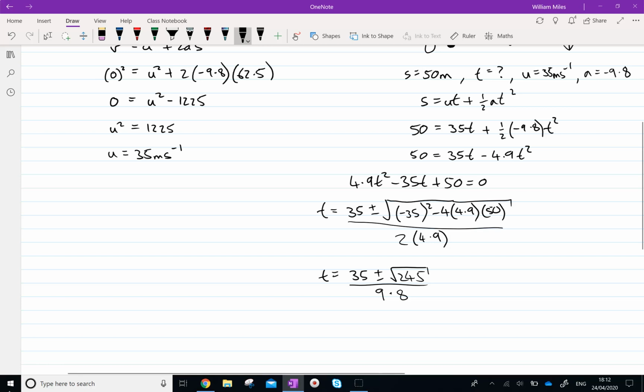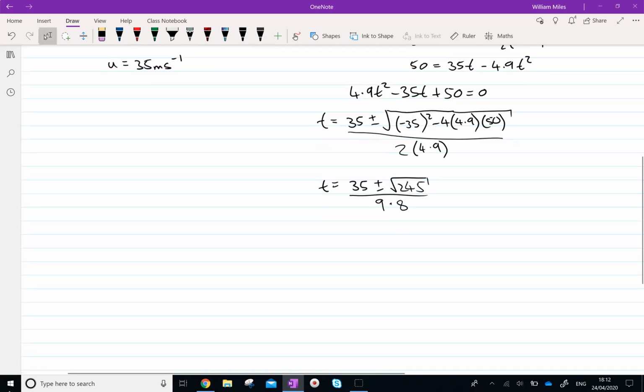So we can get 2 values of T, which is what we expected and what we wanted, because there'll be 2 different times where it is 50 meters from O, the time where it's going up and the time where it's going down. So let's work both of them out separately. T will be 5.168-ish, or T will be 1.974-ish.